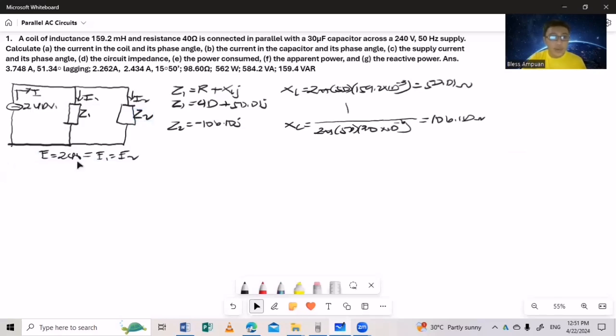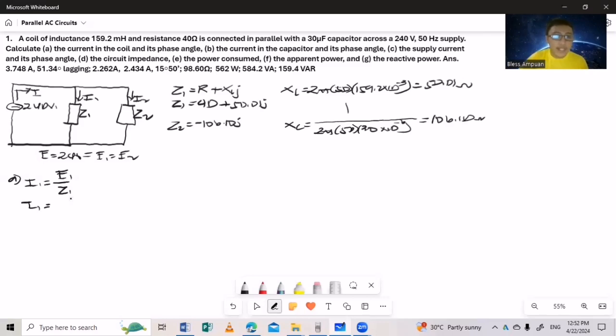Okay, so we could get already letter A. To solve for letter A, to get the current, we indicate that I sub 1 is the current that flows in the coil or Z sub 1. This is just equal to E sub 1 over Z sub 1. This is one of the effective methods to solve this kind of problem, to have consistent subscripts so that you will not be confused.